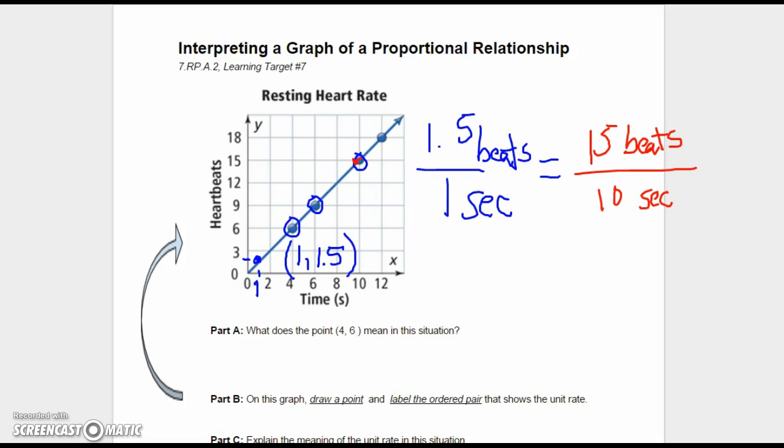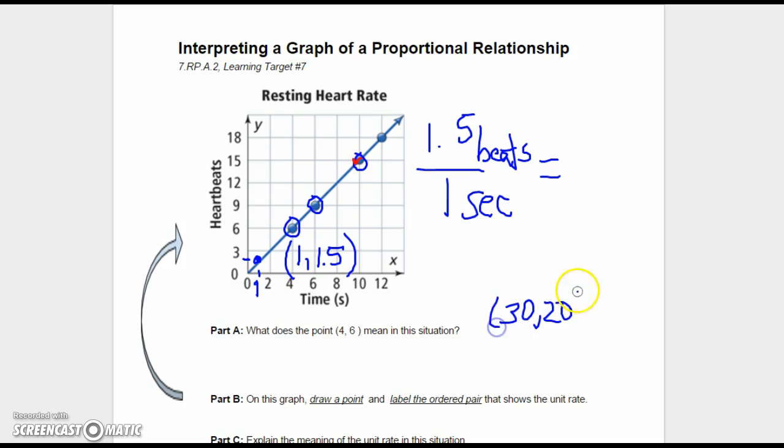So the other part. I ask you if 30, on the bottom here, part D, I ask you if 30 and 20 could be on this line that we're graphing here, if it extended. So that 30, what you got to understand is first of all the meaning of the 30. In an ordered pair, x is always first, and then y.